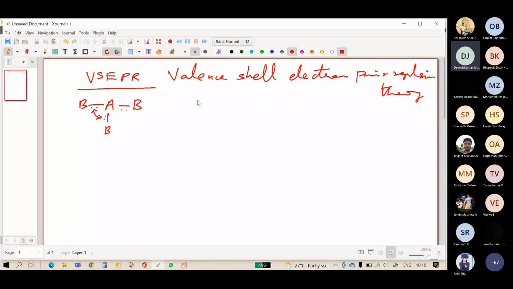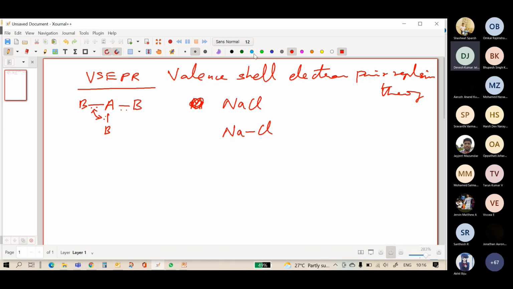You're talking about metals donating electrons to attain a positive charge. Let's take the example of sodium chloride. In sodium chloride, we never write a picture like Na bond Cl.